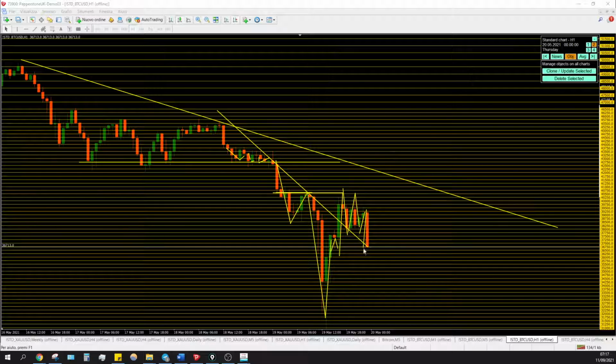and then we are coming from a very, very aggressive 1 hourly candle here that is engulfing these previous lows.